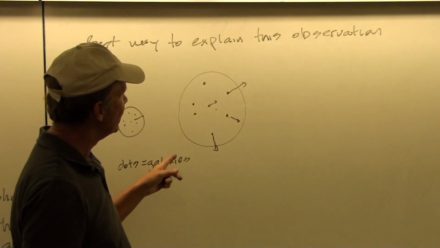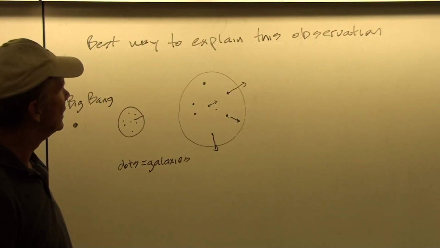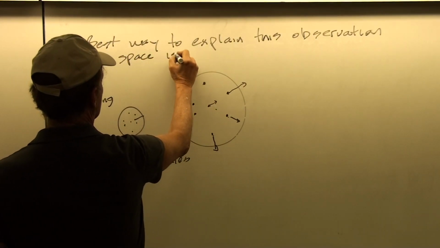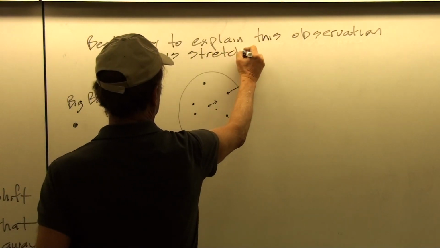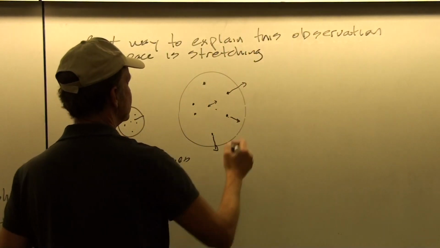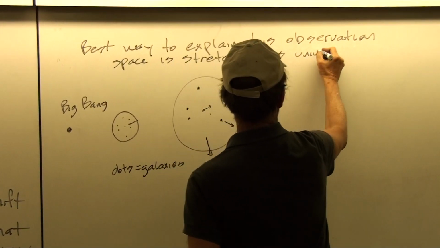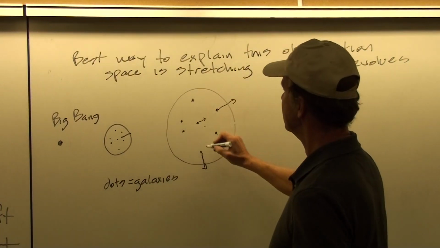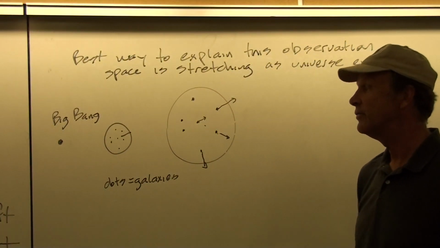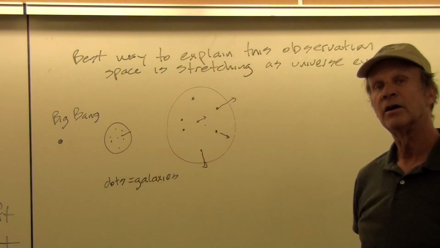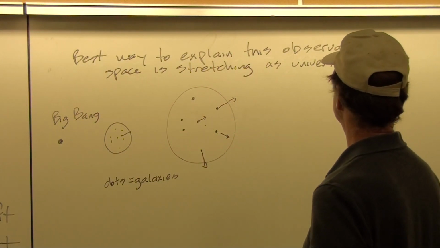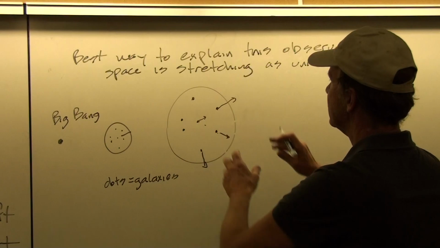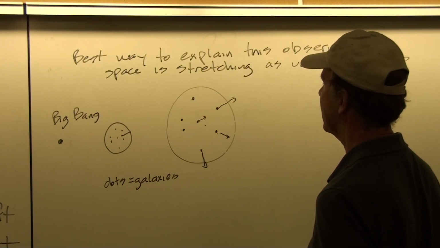So this then explains, if we just think of the space as stretching, as the universe evolves, then every star will be moving with ever increasing speed away from every other star with ever increasing distance. Okay? And so this then is Einstein's model applied to a stretching space-time.